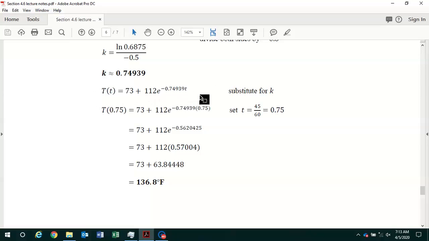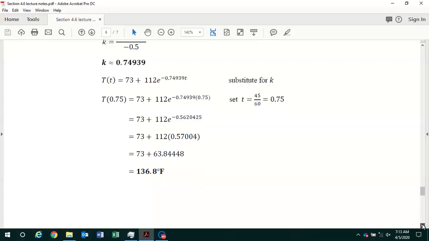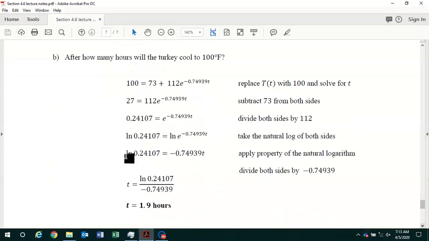How long does it take for the turkey to cool down to 100 degrees? We replace capital T of t on the left with 100 degrees. When we do that, we have 100 is equal to 73 plus 112 times e to the minus 0.74939 times t power. Now we have to solve for little t.